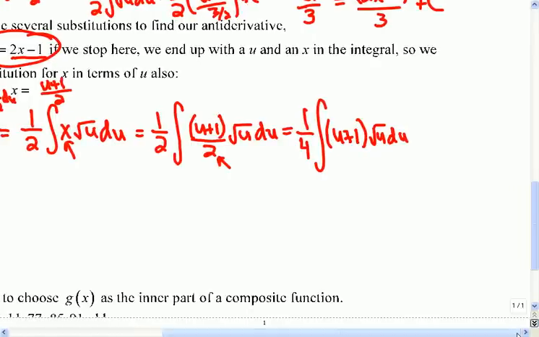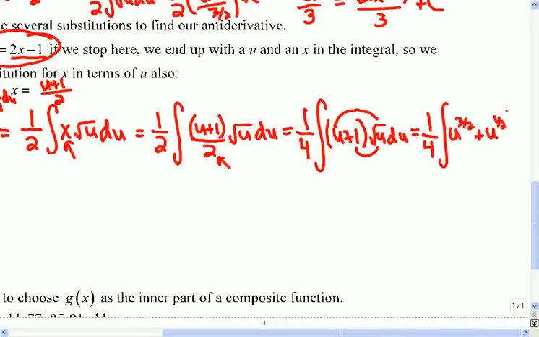Because all I have to do now is expand this and use the power rule. So if I expanded it, I'd have 1/4, 1/2, that'll be u to the 3/2. And then 1 times root u will be u to the 1/2. Okay. So it's possible to find this.